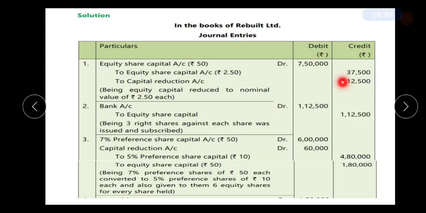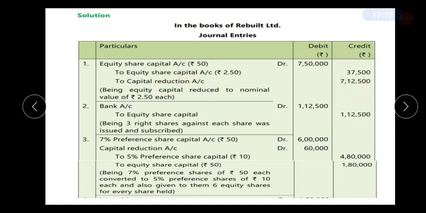And here is a gap, the difference amount. That difference amount will go to capital reduction account because it's a surplus. Our liability is reduced to this extent. 7,12,500 is a reduced liability which is considered as surplus, and that will go to capital reduction account.